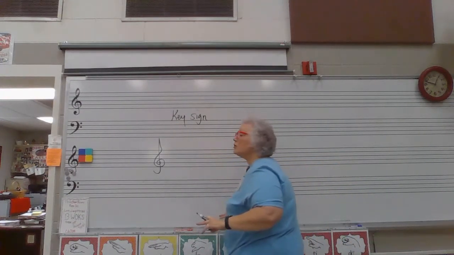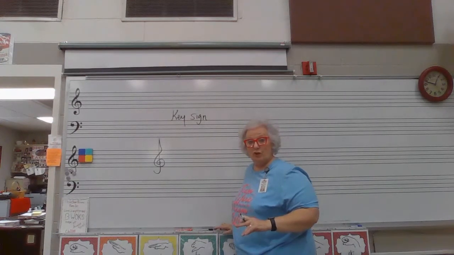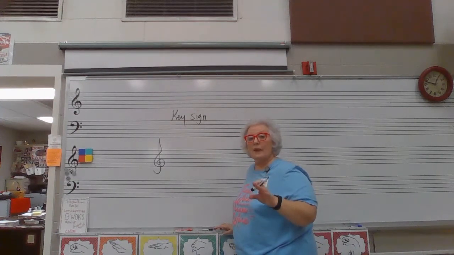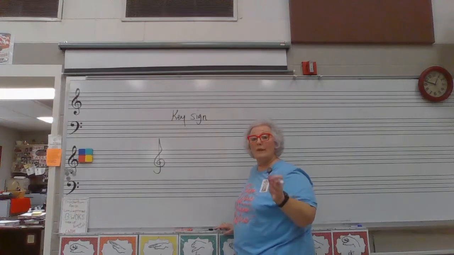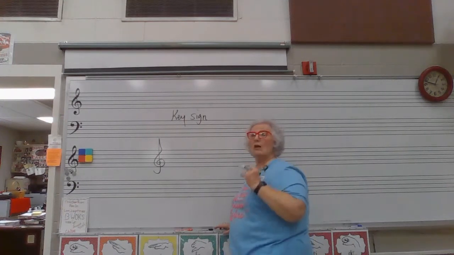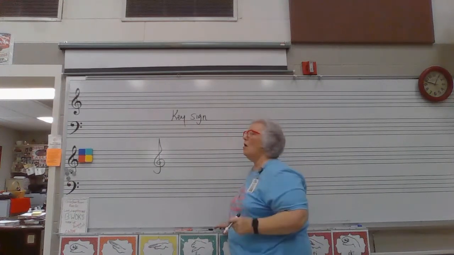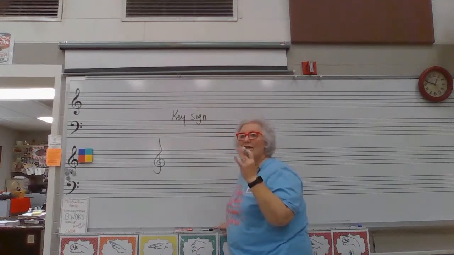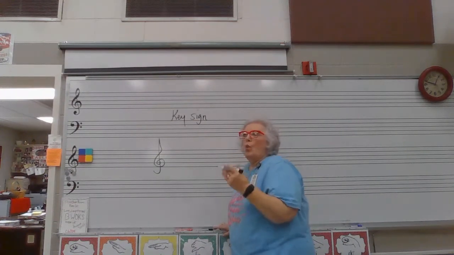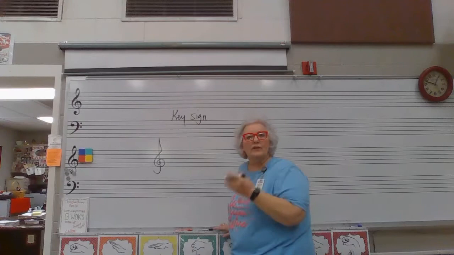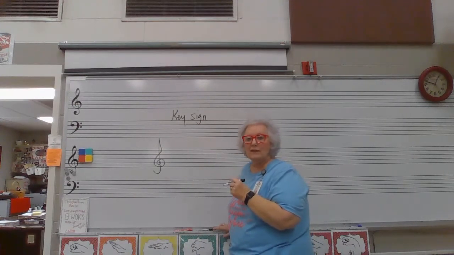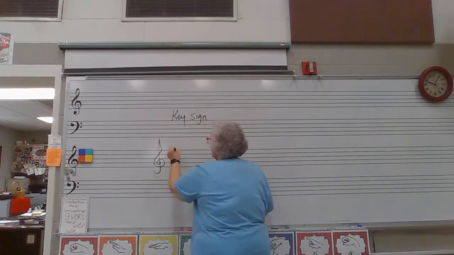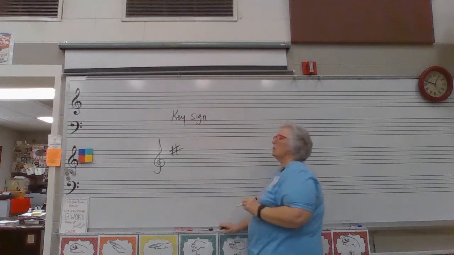The first sharp we always add is F sharp. And it's always placed in the treble clef on the top line, because we know our lines are every good boy does fine, or empty garbage before dad flips, or whatever saying you have that helps you remember what your lines are. So here is that first sharp.